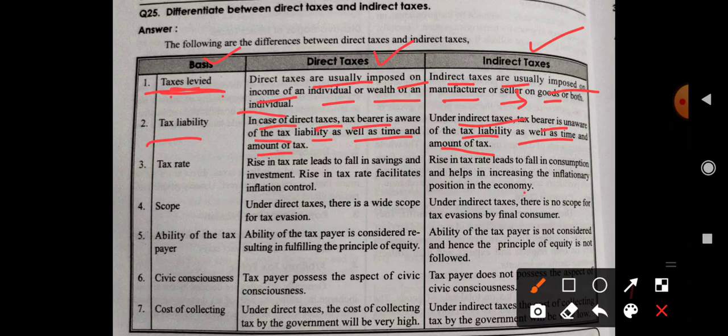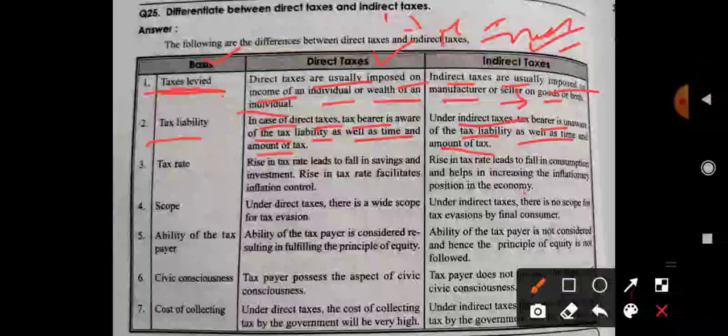Fair and Lovely, or any other product you purchase, after the MRP in brackets it will be written, including all taxes.